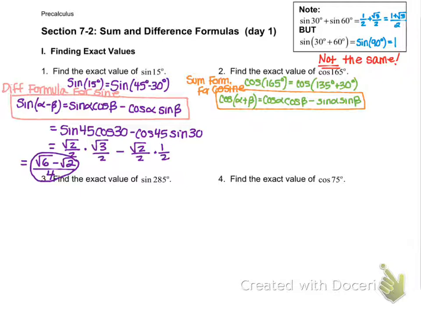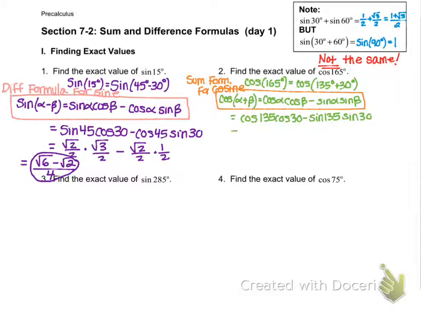So if we continue and plug in our values, this is going to equal cosine of 135 times cosine of 30 minus sine of 135 times sine of 30.